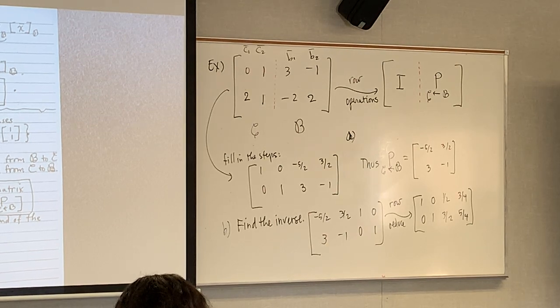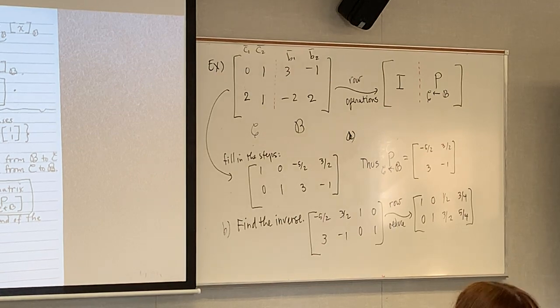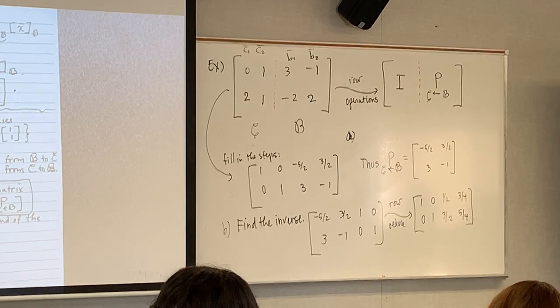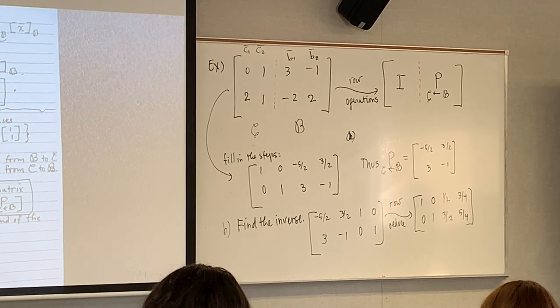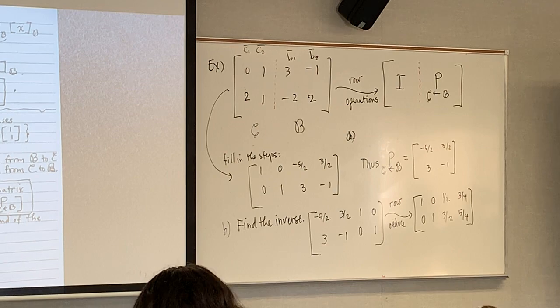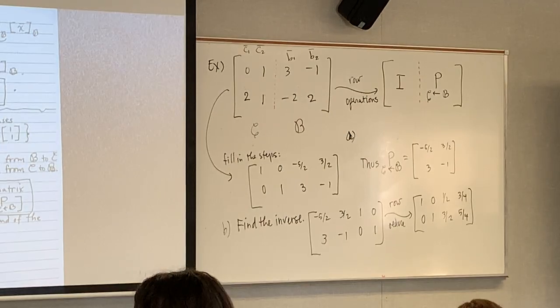If you want to convert from B coordinates to C coordinates and back to B coordinates, you're just going from B coordinates to B coordinates, which means you should just leave your coordinates alone, which is what the identity does. So, a good potential test problem.